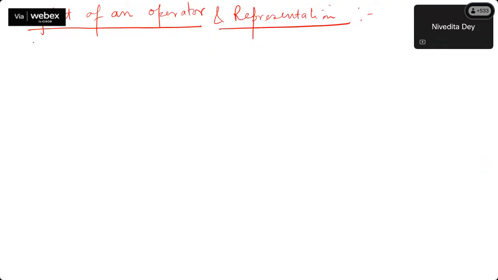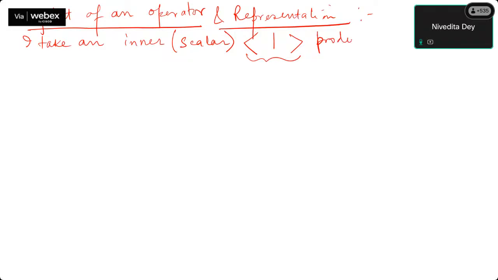Suppose I take an inner product, which is also known as scalar product, of phi with a vector psi.